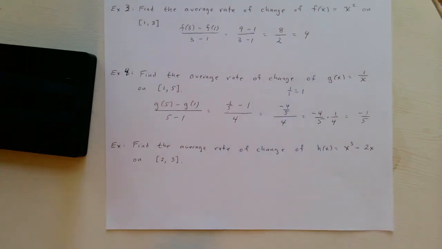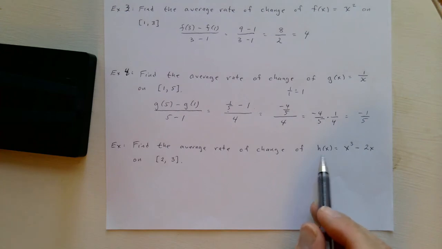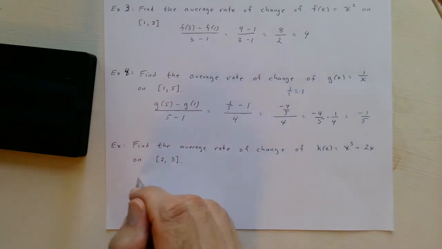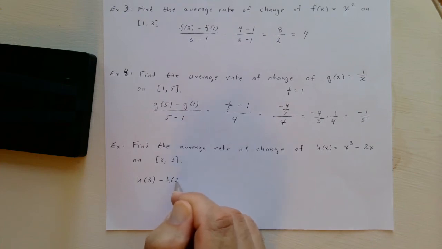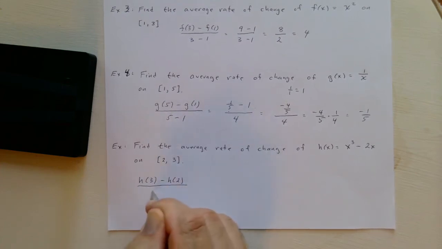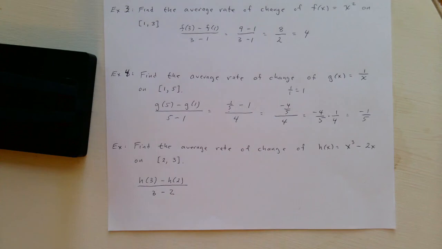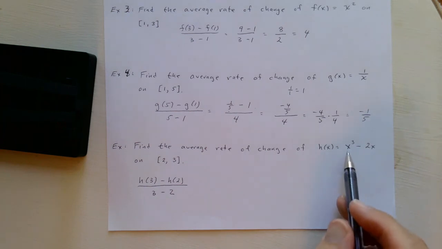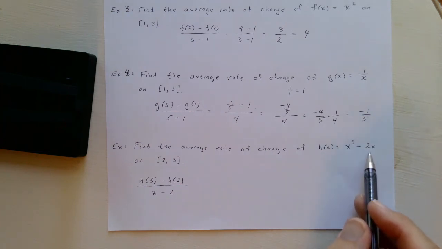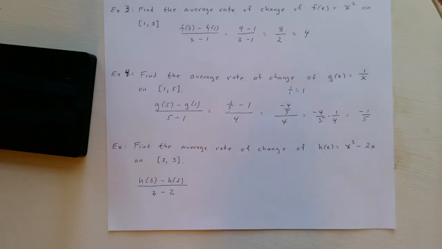And lastly, if h of x is defined this way, this would be h of 3 minus h of 2 divided by 3 minus 2. You can compute h of 3 separately if you want. h of 3 is going to be 3 cubed minus 2 times 3, which is 27 minus 6. Oops, I'm sorry, I jumped ahead of myself here.